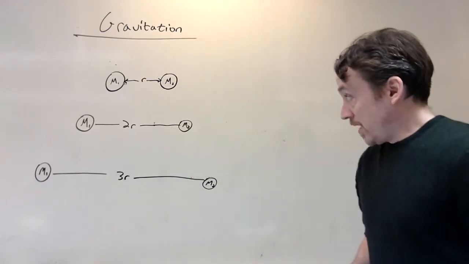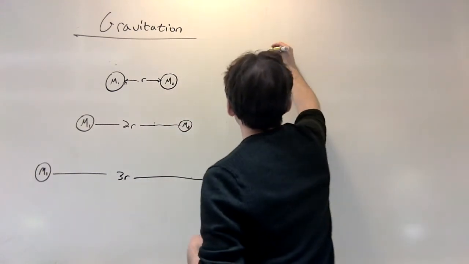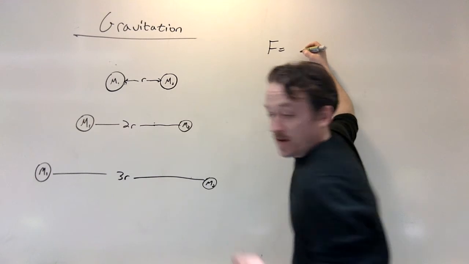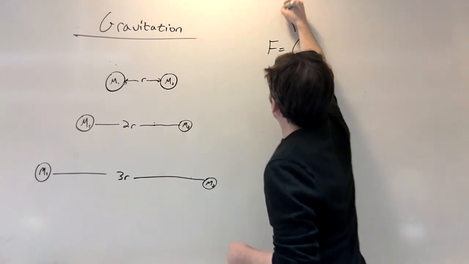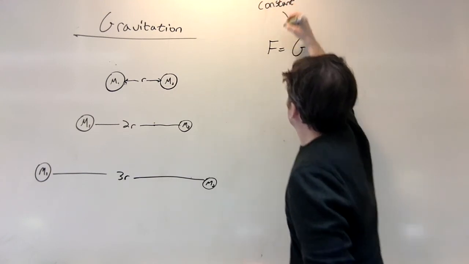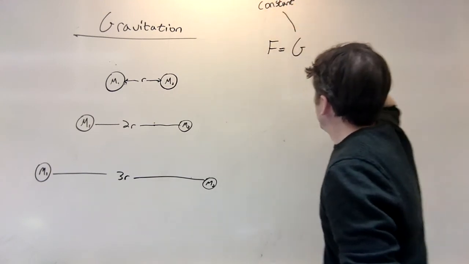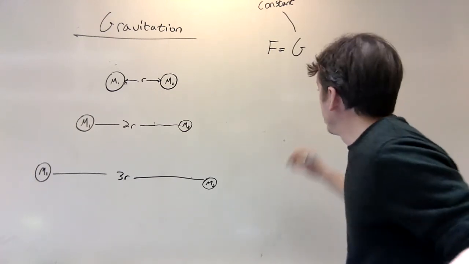So let's just write out what Newton's law of gravitation is. F equals G, which is a constant of nature, which in some sense is related to how we choose our units, but we're not going to get into that.